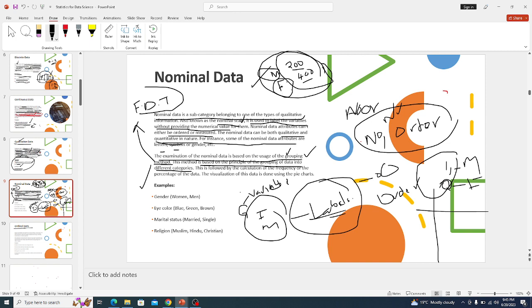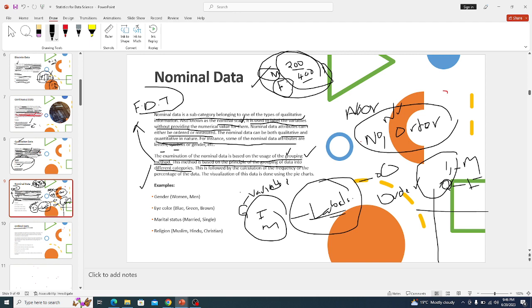Like for example, if it is a survey which we are doing, you can say 80% of the population in the study are maybe females, and 20% are males. So that will now bring the numerical aspect of this kind or type of data.